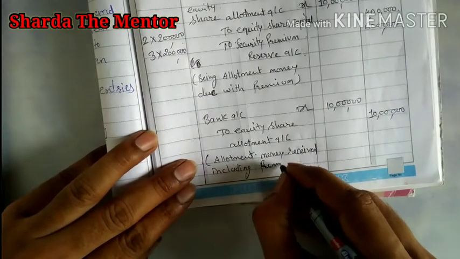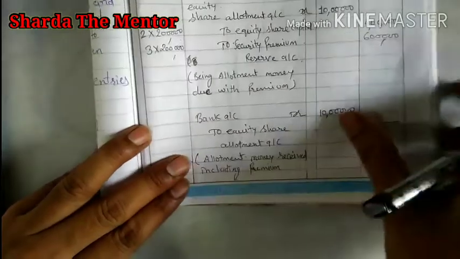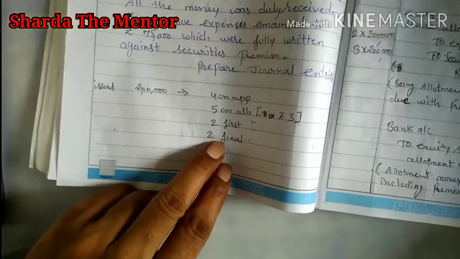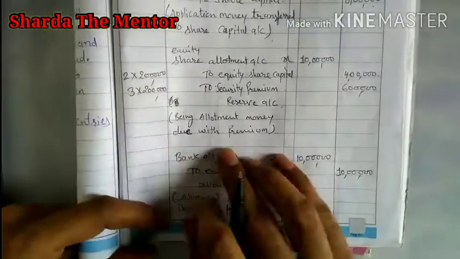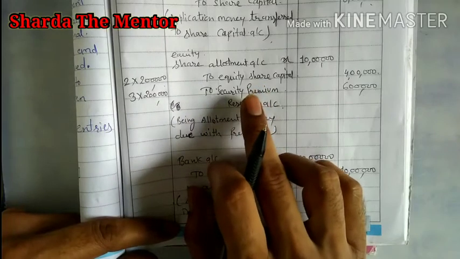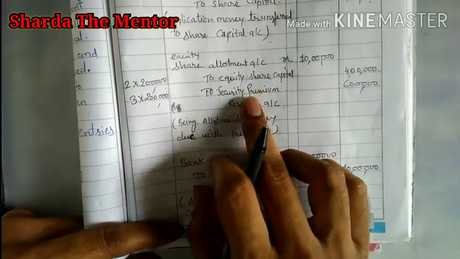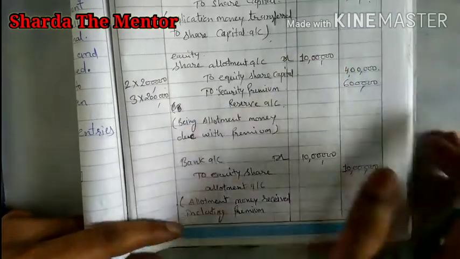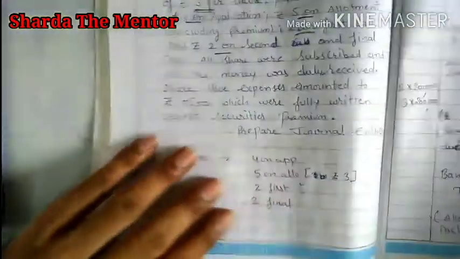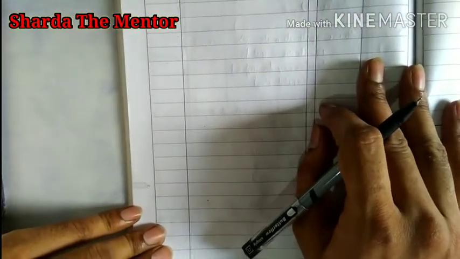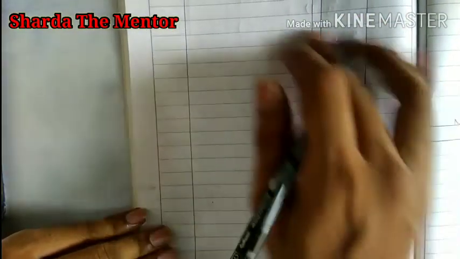Now after that, the first call and second call are 2 rupees each. In these entries, the main entry is related to securities premium reserve. Remember one thing always, securities premium is always credited with the due entry, and the total amount will be transferred to share allotment account. The next entry is related to both first call and final call, where an equal amount is there.